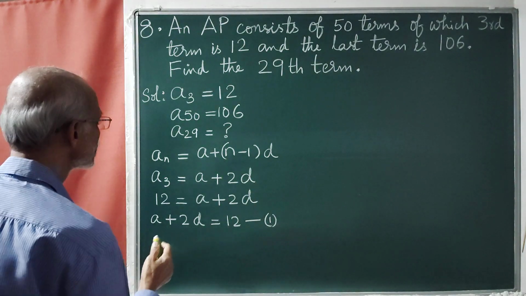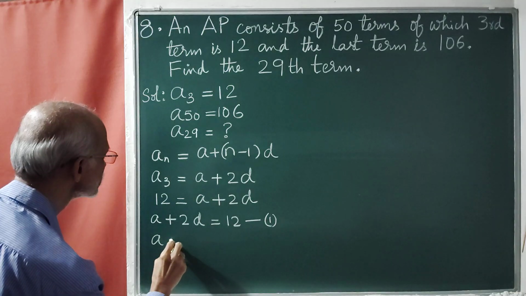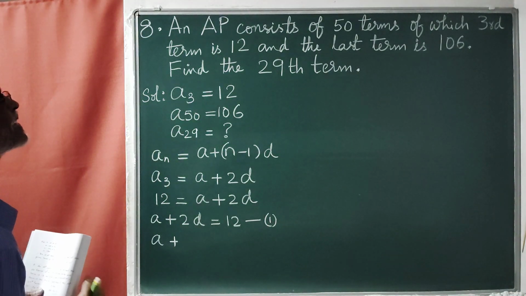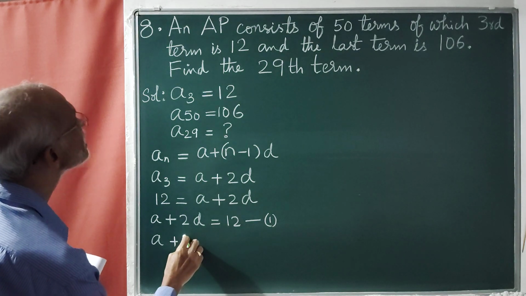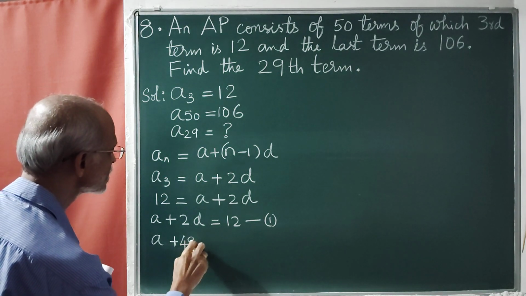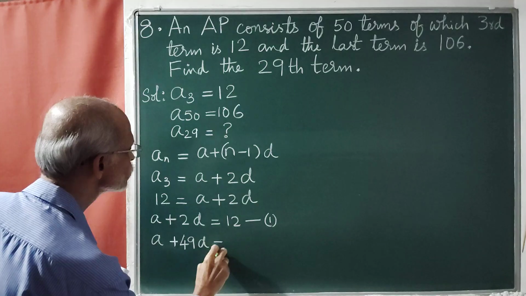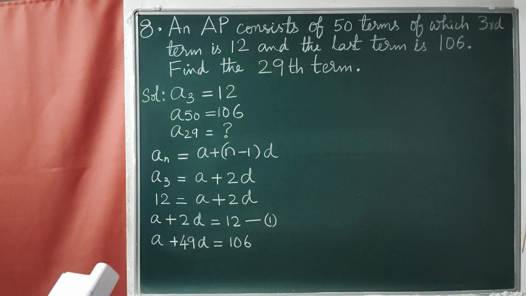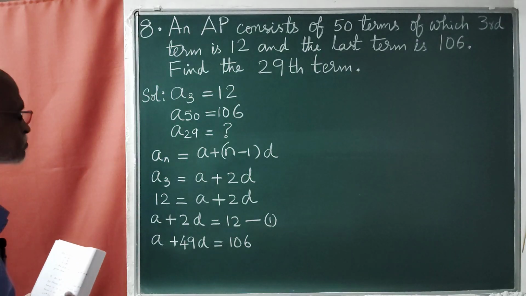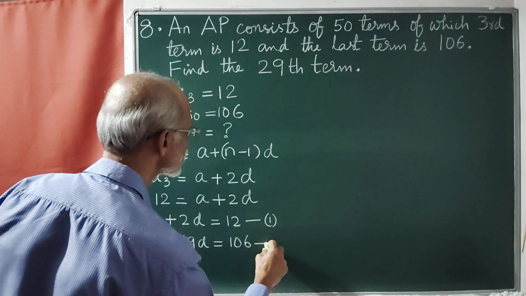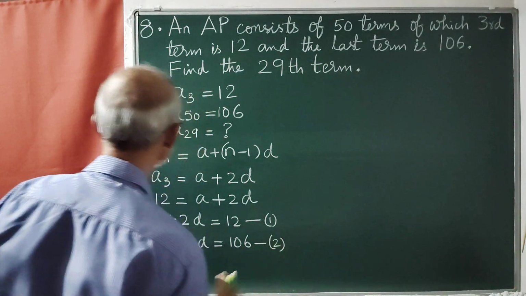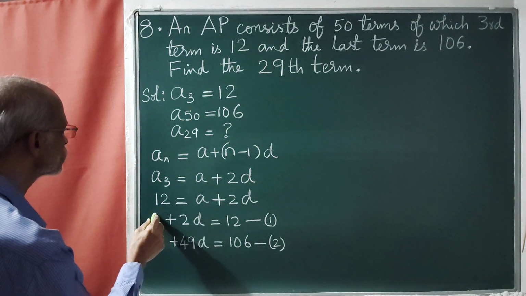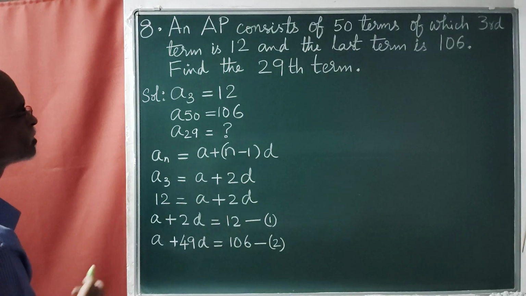In the same way, A plus 49D will be equal to 106. This is the second equation. Now we can see the coefficient of A is equal.